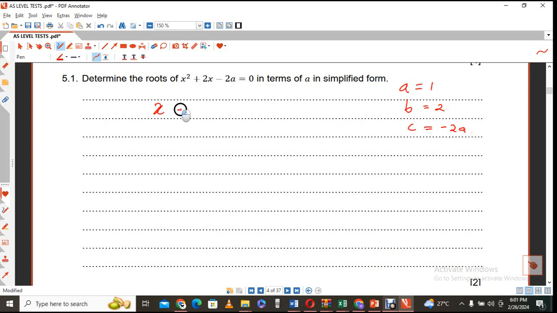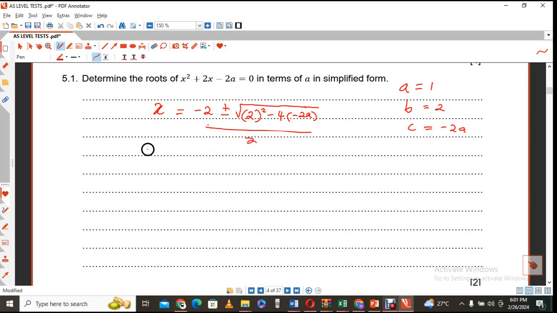So if I put it into my quadratic equation formula, that's x equals minus b plus or minus the square root of 2 squared minus 4 times 1 times the value of c, which is minus 2a, all of this over 2 times 1.